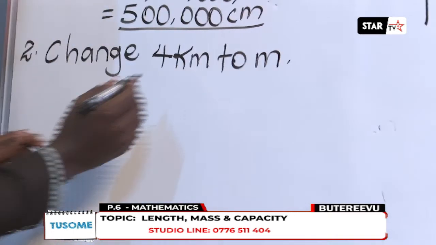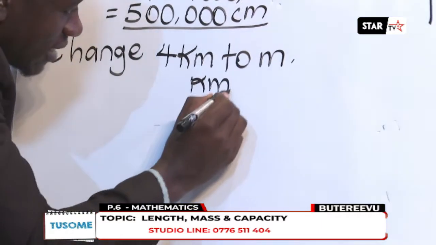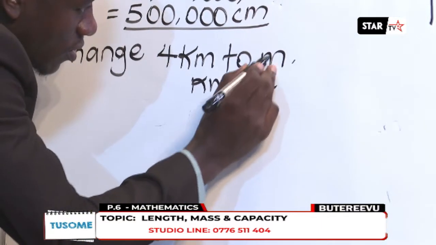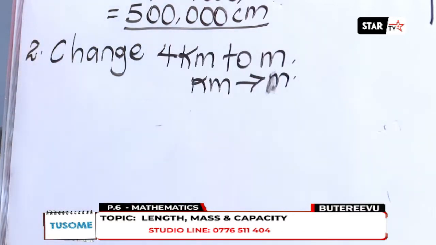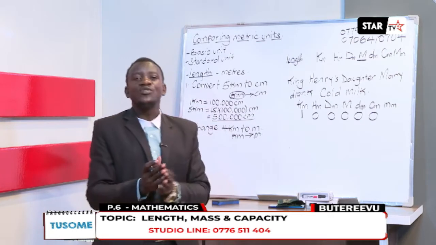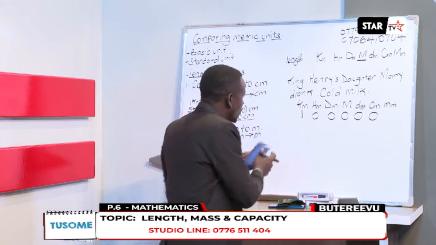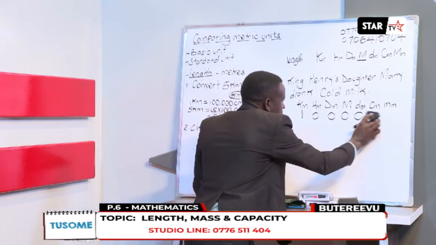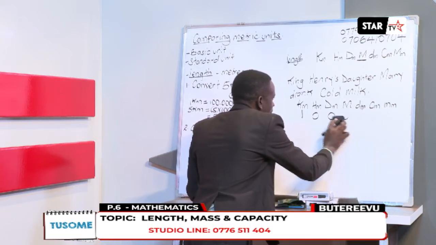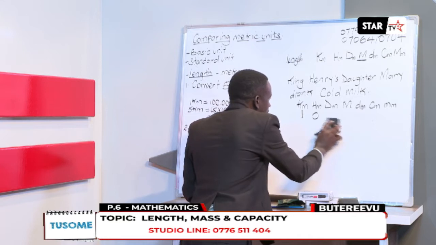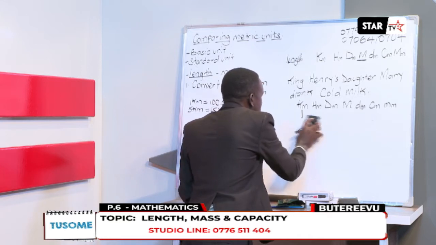So I'm changing kilometers to meters. Now look, we shall go back to our scale. You are free to draw it again. I will draw this on my next question, but for this one I'm going to wrap it, then we do it together. Look for where we are changing from and place 1.